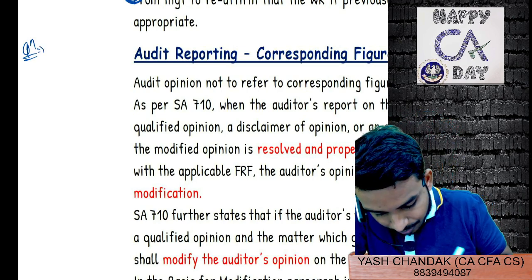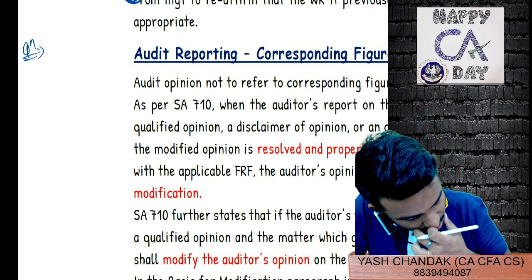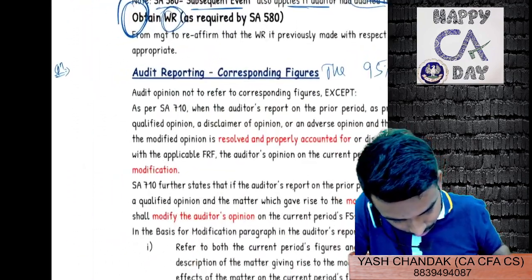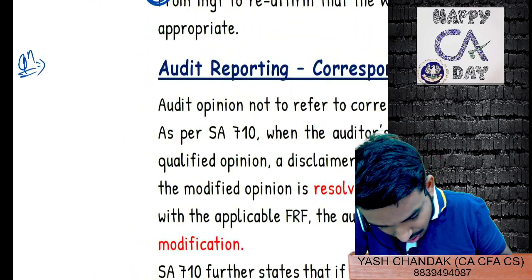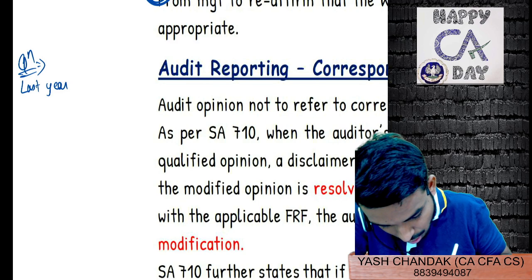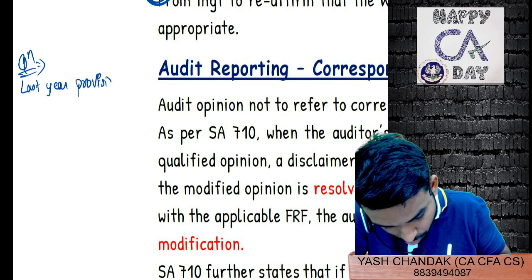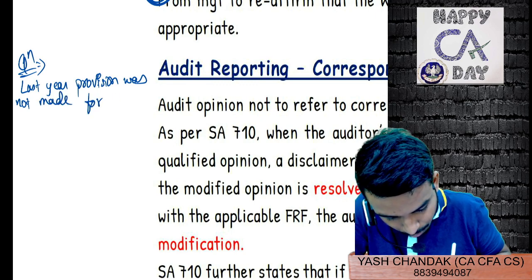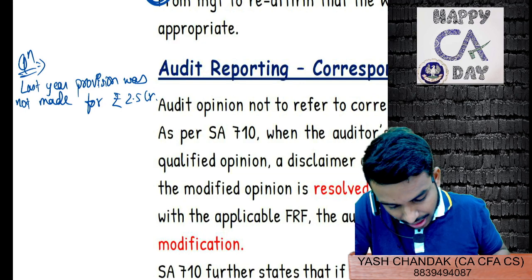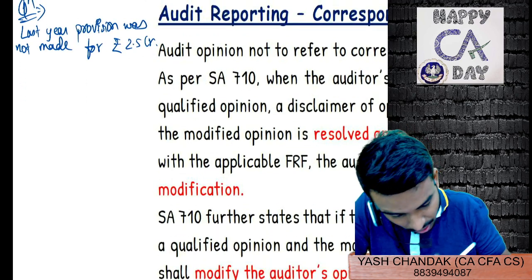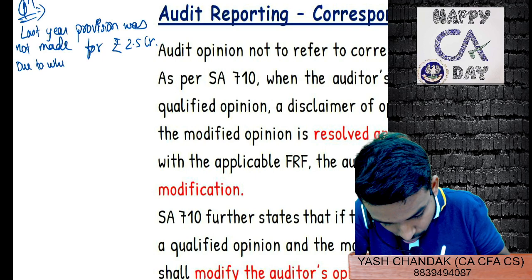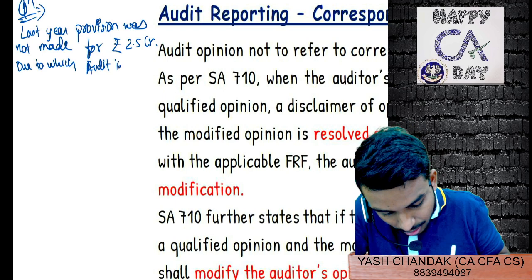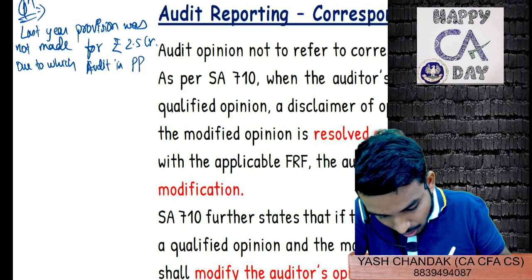The question will be: last year provision was not made for rupees 2.5 crore, due to which the auditor in the prior period modified his opinion.